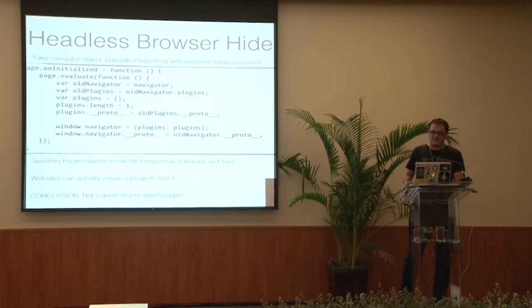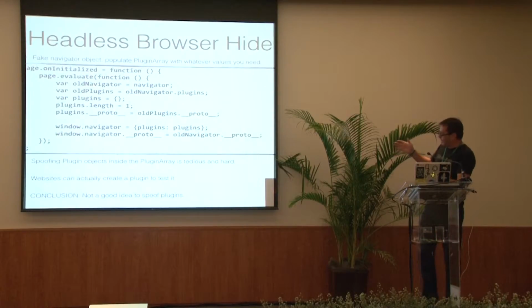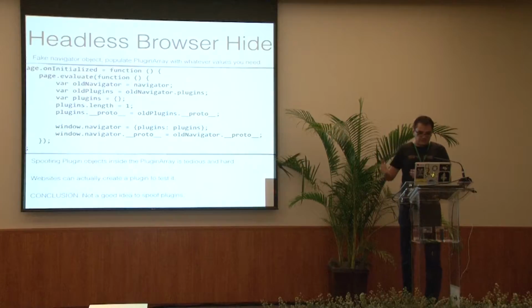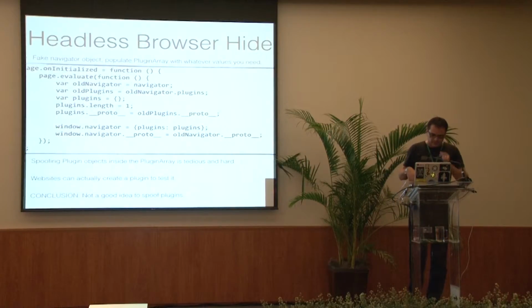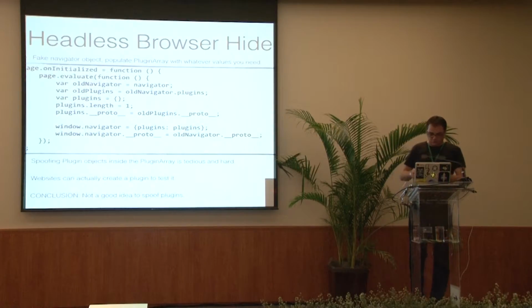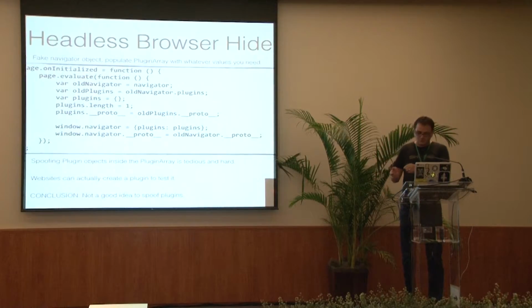If we create another navigator object in JavaScript and populate it using the prototype chain, because actually the plugin array is a pretty complex structure. But if you take the existing plugin array and populate your fake one with the existing constructor, create exactly the same object and then fill it up with something, or just change length to 1, as in this case, and then you create your fake navigator object, and then you just change the reference.